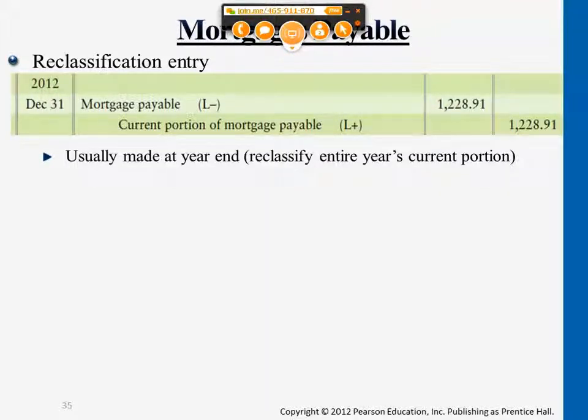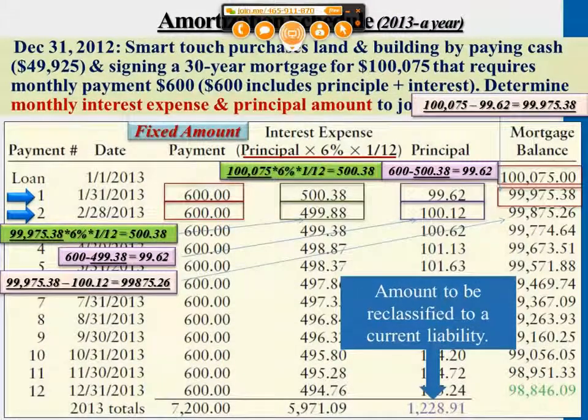Okay, so just like long-term notes payable, we sign off long-term notes, borrow the money, reclassify it. For a mortgage, we sign off, create this journal entry, and immediately reclassify the part that will be due in an entire year into current portion. Okay, and again, this dollar amount you can get from this entire table here, principal amount.